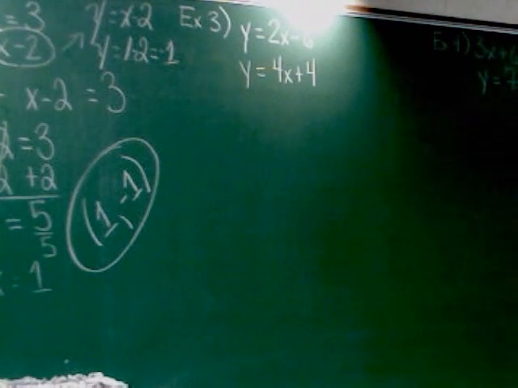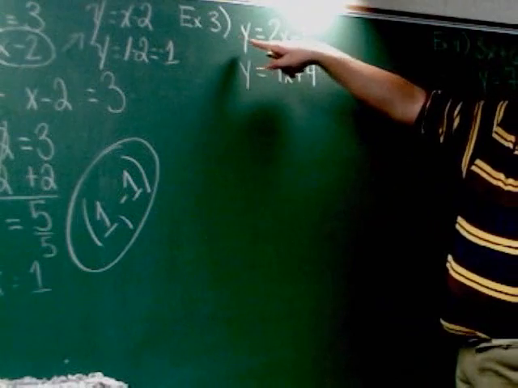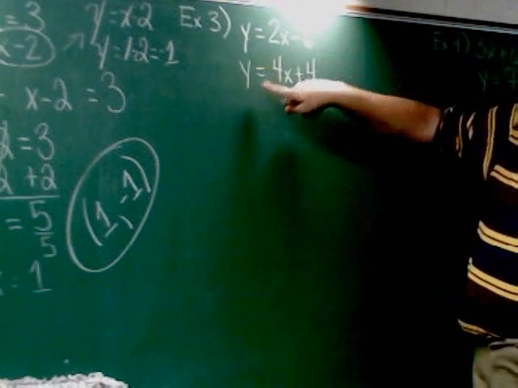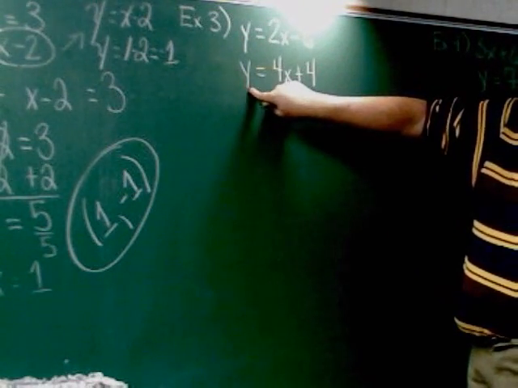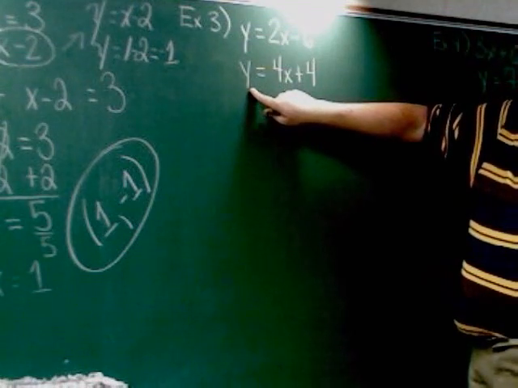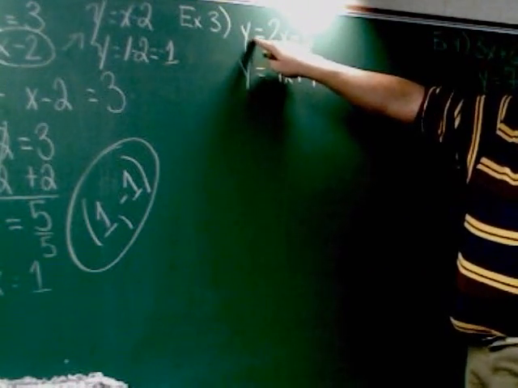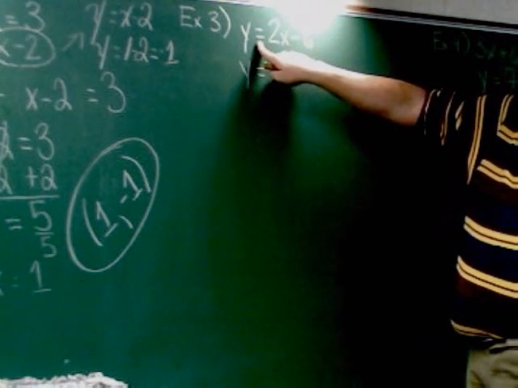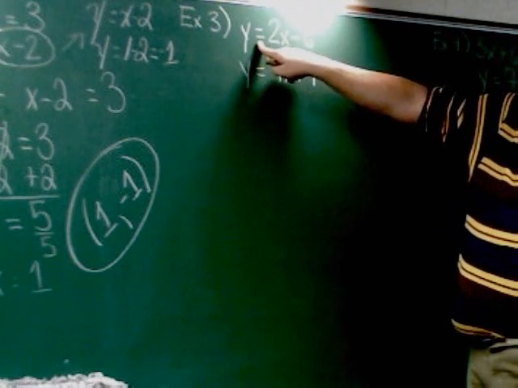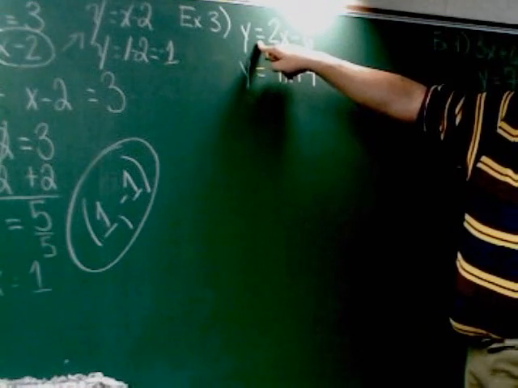That's what's nice about this one. Since y equals 2x minus 6, I can change y here to 2x minus 6. Or, since y equals 4x plus 4, I can change that y to 4x plus 4. Doesn't matter which one you choose.